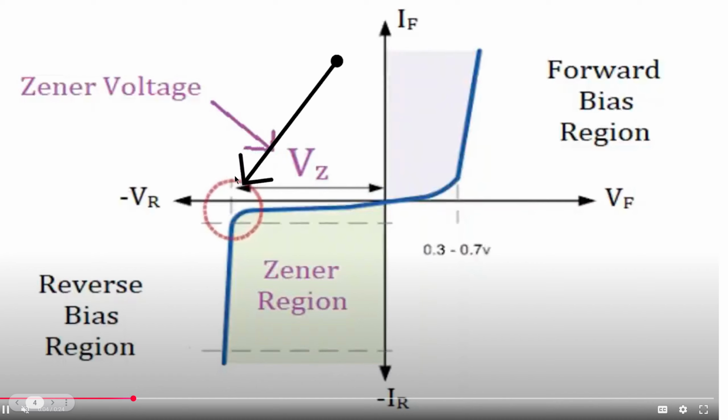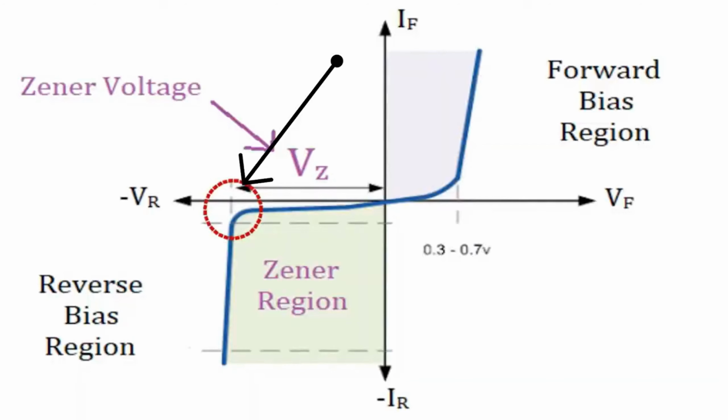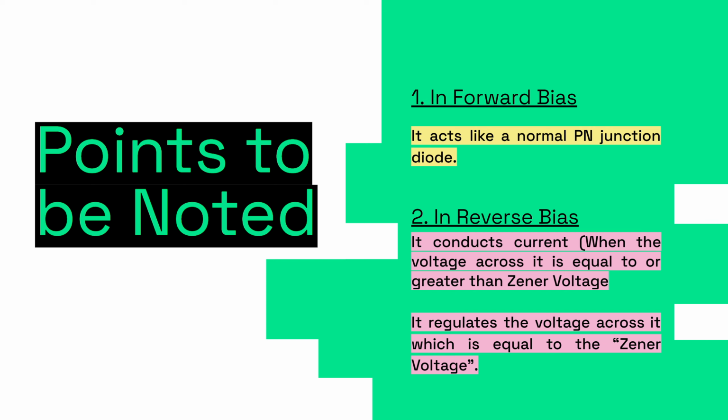That's how the Zener diode characteristic graph works.